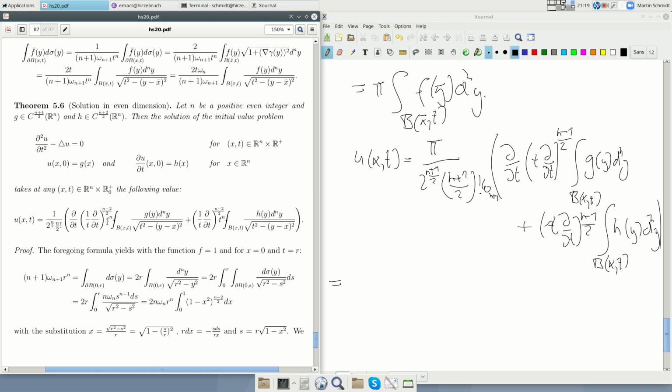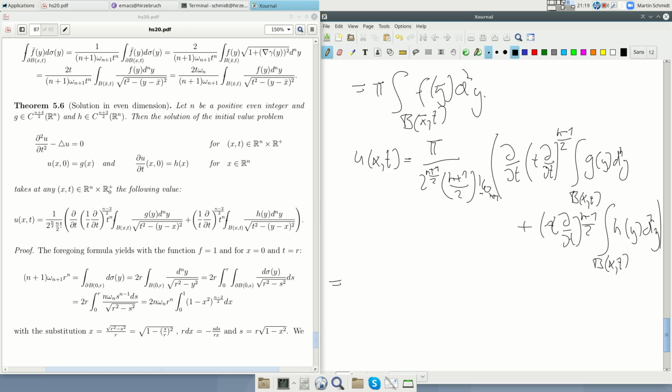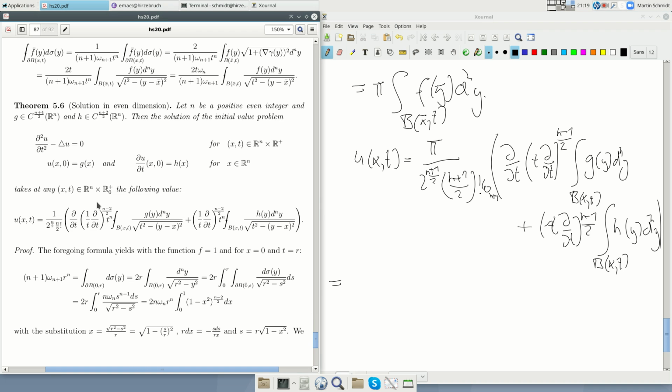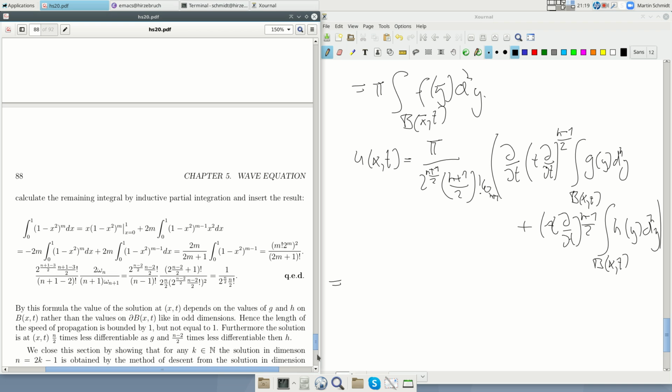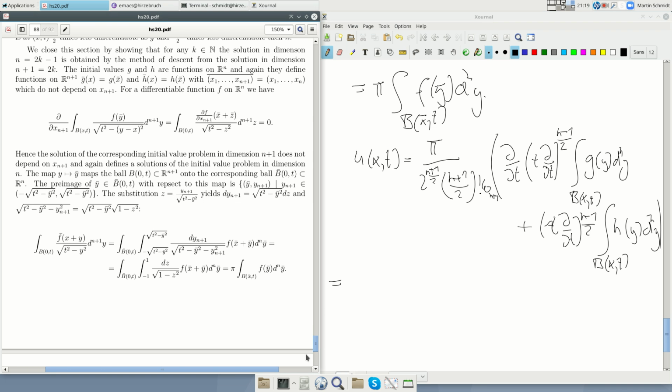So instead of the mean, we divide only by omega n plus 1, and then we get rid of these factors.